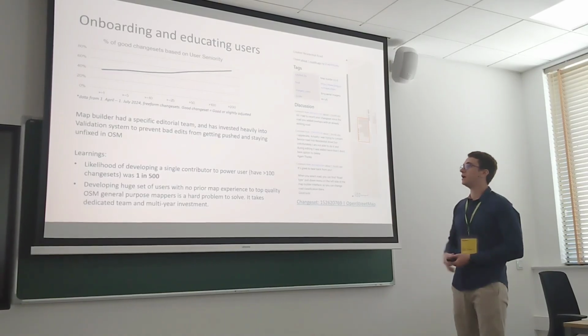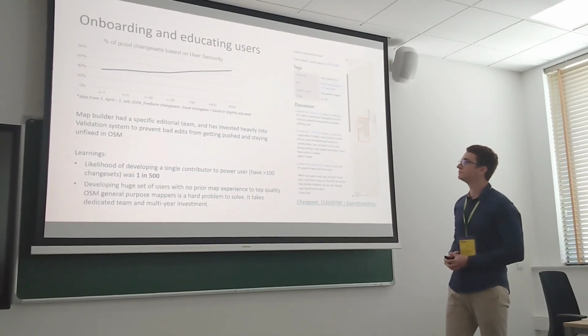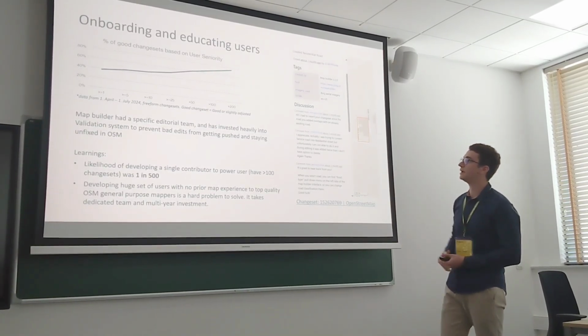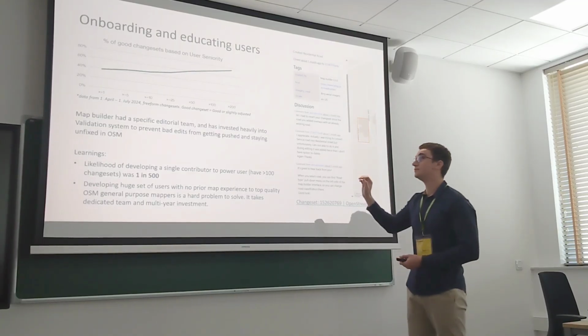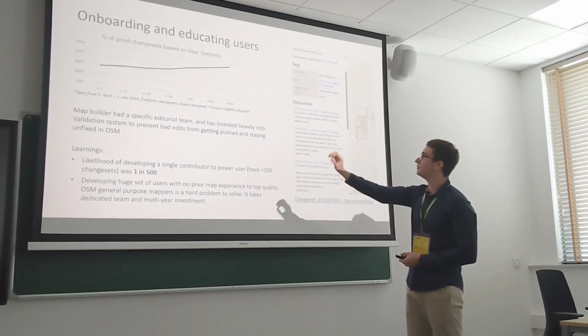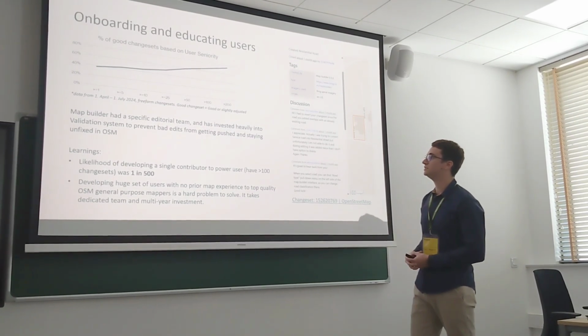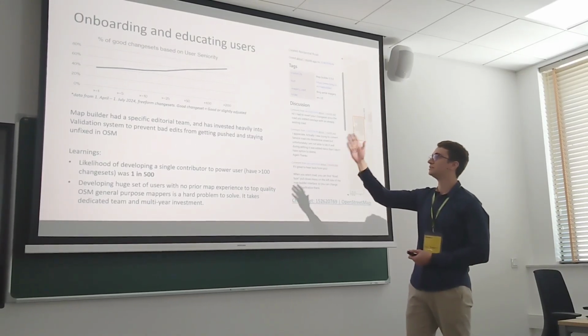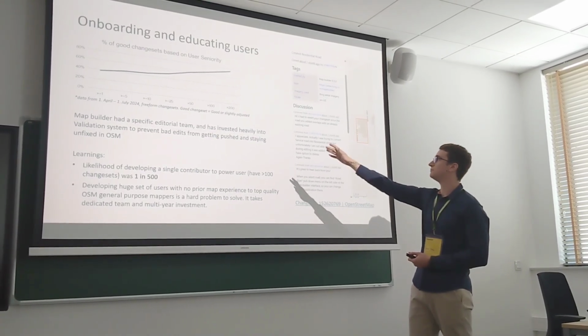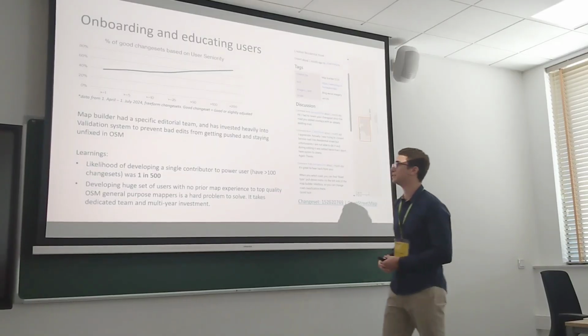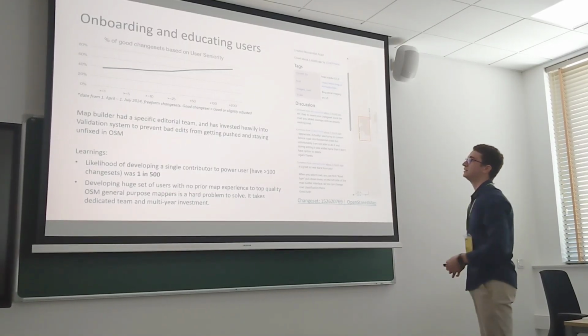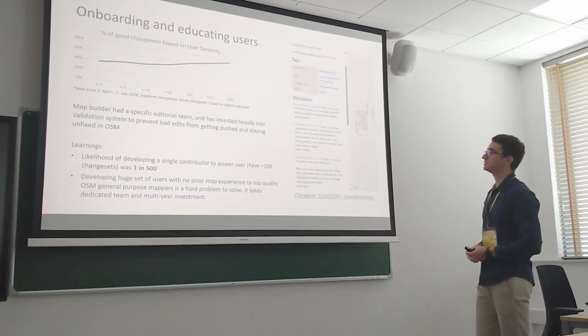Now for the main part: what were the results of this? We can see a graph here, and on the x-axis, I think that's how it's called, we can see the user seniority. This means users that made at least one change set, users that made at least 100 change sets, and so on. We can see the percentages of good change sets based on that.